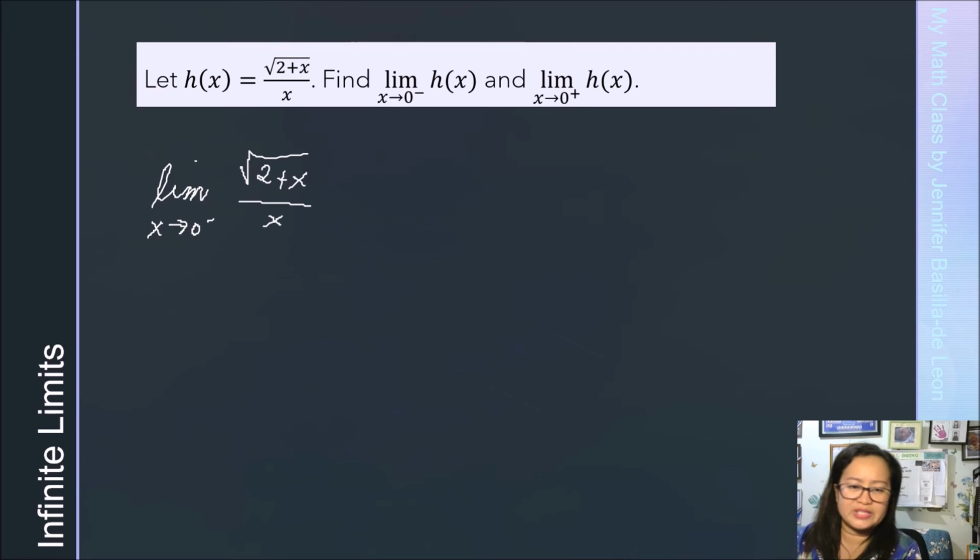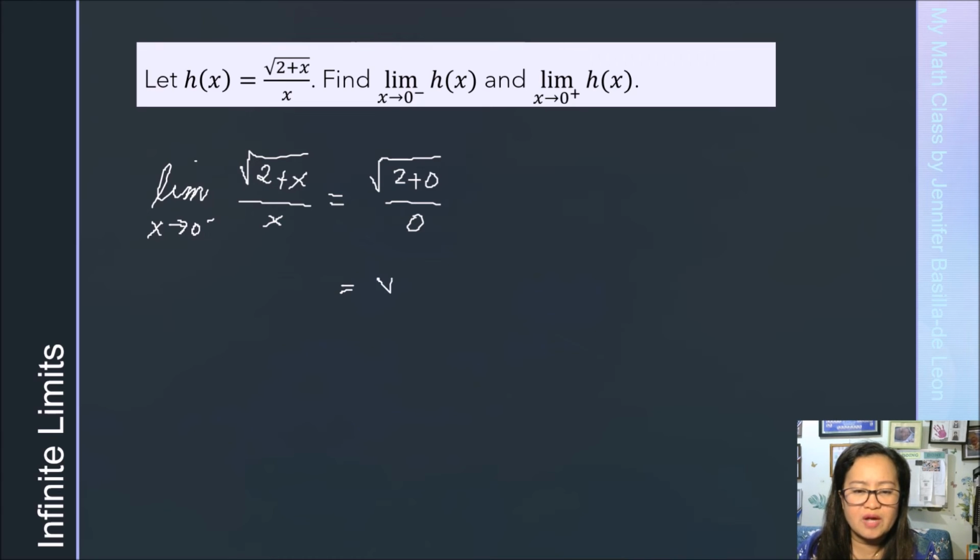Evaluating this, we will have the square root of 2 plus 0 over 0. Simplifying further, we will have the square root of 2 over 0. So, take note, our c is greater than 0, and we are considering that the limit goes through the negative values.